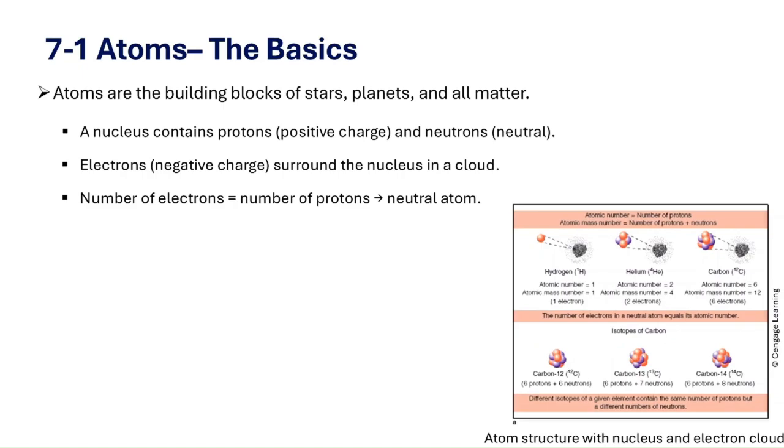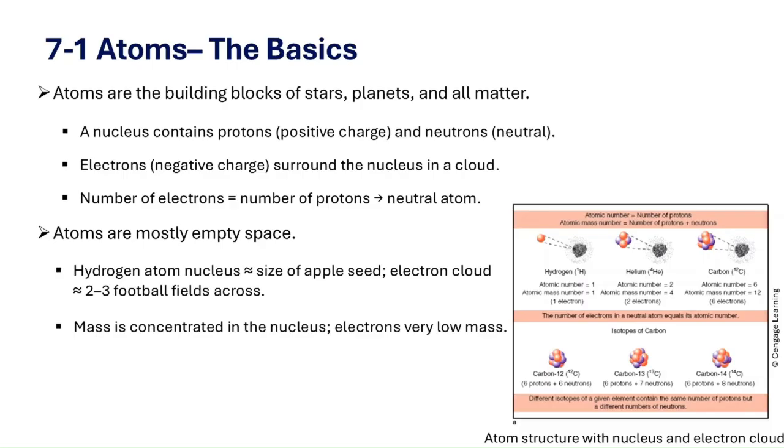Now here's the shocking part. Matter is not really solid. First, let's take an example: a hydrogen atom. A hydrogen nucleus is about 1.7 times 10 to the power minus 15 meters across. The electron cloud extends to about 2.4 times 10 to the power minus 10 meters.